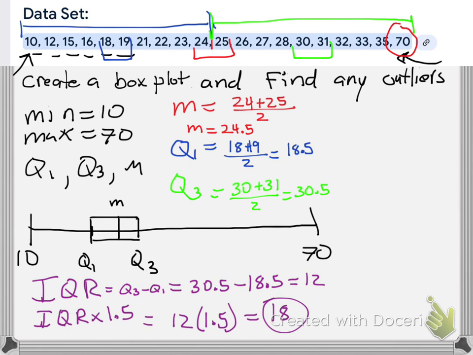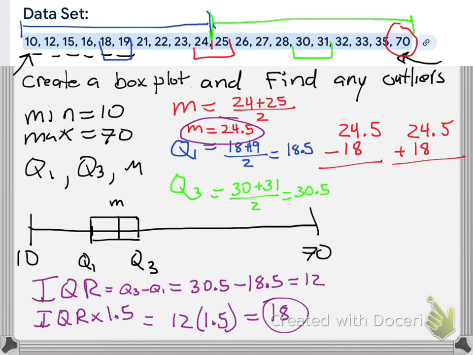So now we go to our median, which was 24.5, and we do two things. Let me just change colors. Let's do red, because I want to do the median. So we have our 24.5 and then our 24.5 here. We're going to subtract 18 on this side and add 18 on this side.